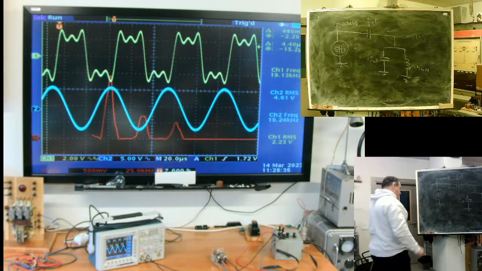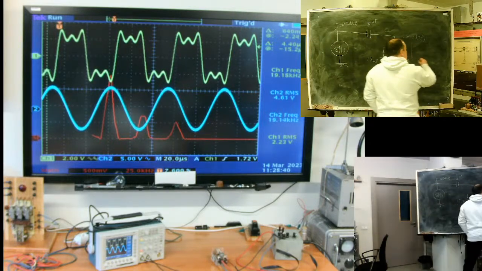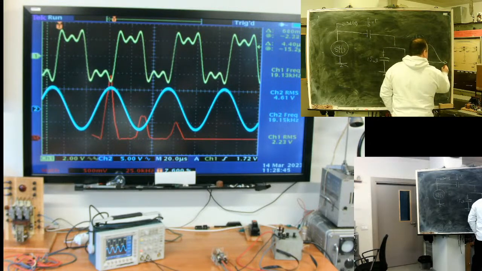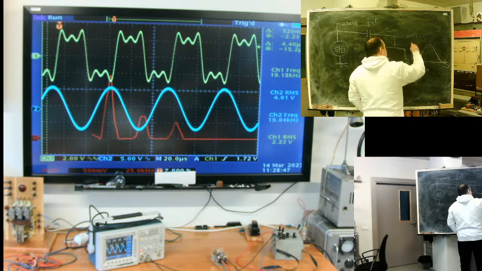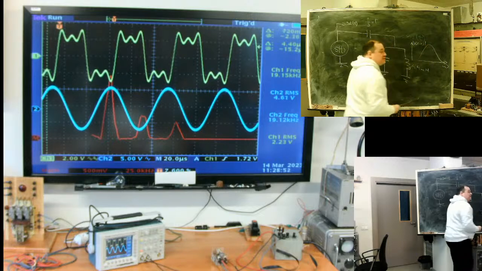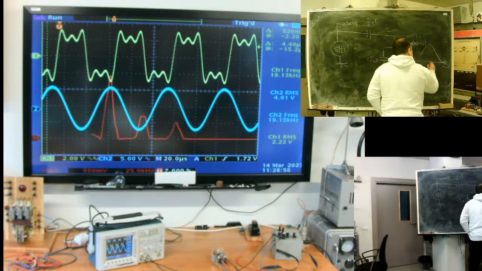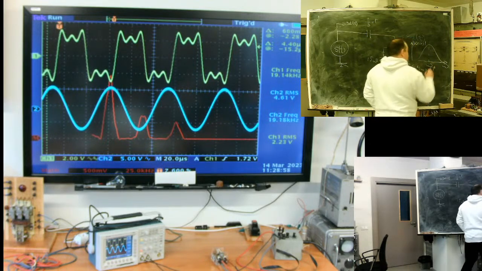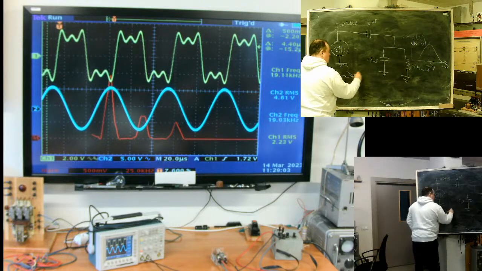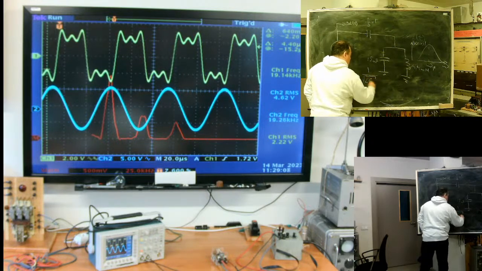Last time we spoke about such a network, and I showed its characteristic as a function of frequency. Something like this. And the central point is at a frequency omega 0, which can be defined as 1 over the square root of LC.